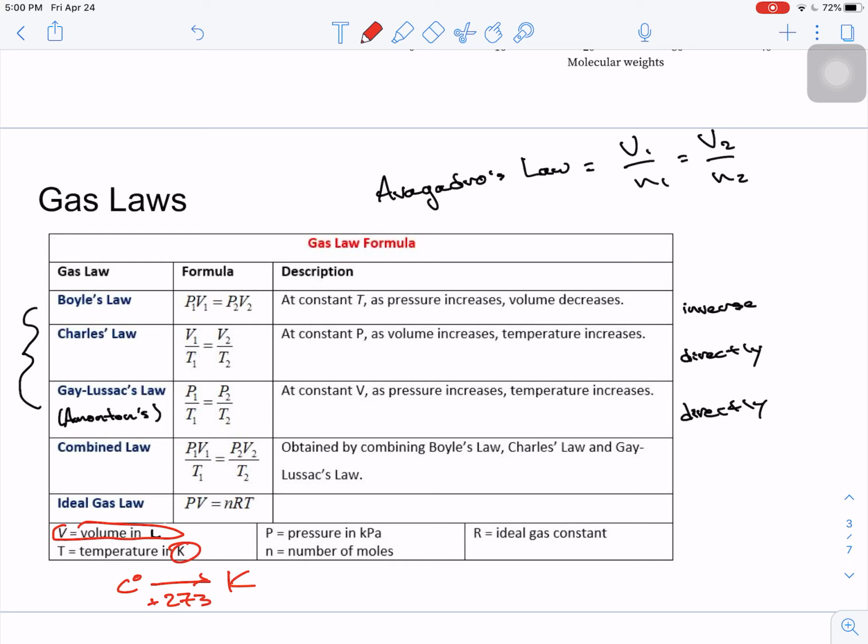Pressure can be kilopascals or atmospheric. It can also be Hg and a couple of other things. But kilopascals or normal pascals and atmospheric are the two you use the most. Number of moles is pretty straightforward, and the ideal gas constant. So the ideal gas constant changes depending on what values you have, and we'll get right into that as well.